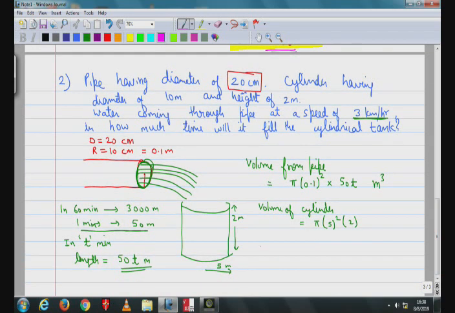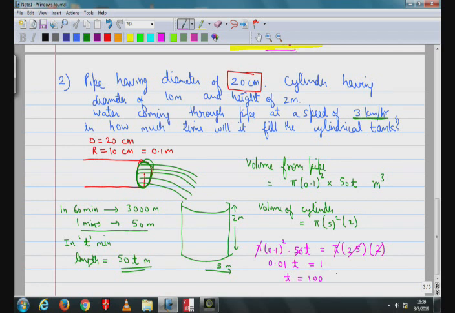So pi times 0.1 square times 50t is equal to pi times 25 times 2. This pi and pi will get cancelled out. The 25 times 2 is 50, and this 50 will get cancelled out. So 0.1 square is 0.01, and 0.01 t is equal to 1. So t is equal to 100.